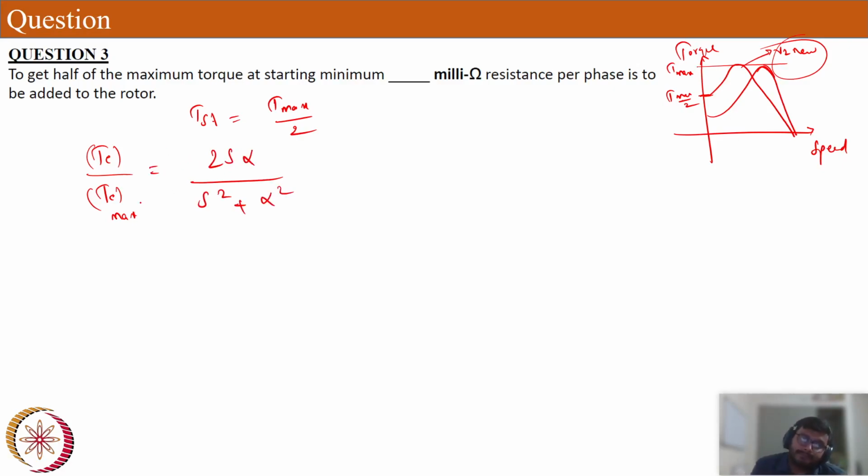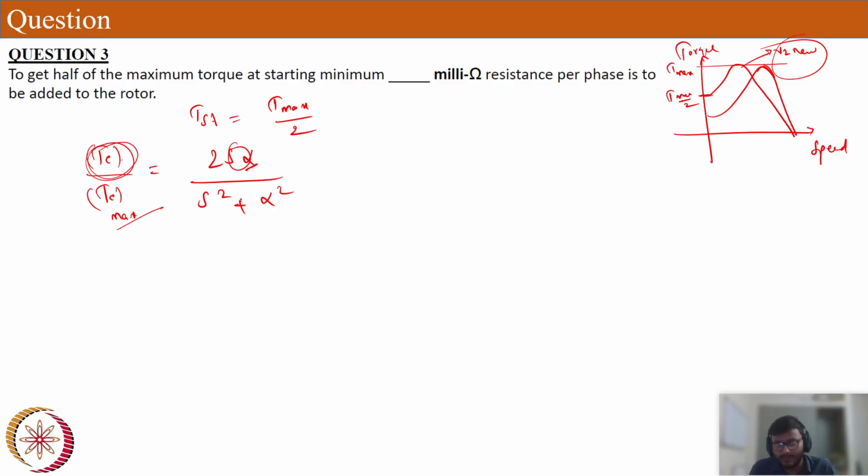Now see, alpha is at the place where T max occurs, and S is the running slip. Whatever slip at the operating torque, this can be any torque. If it is starting torque, S is equal to 1. If it is a full load torque, S is the full load slip, like that.